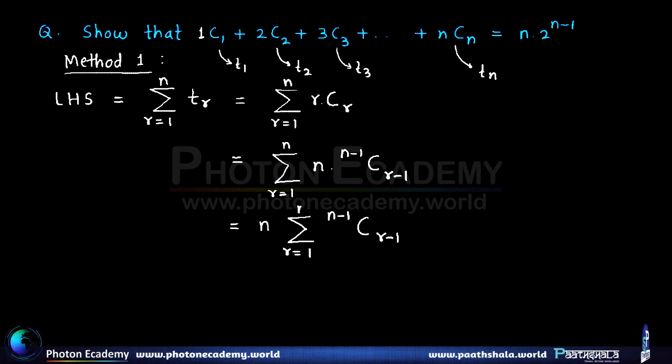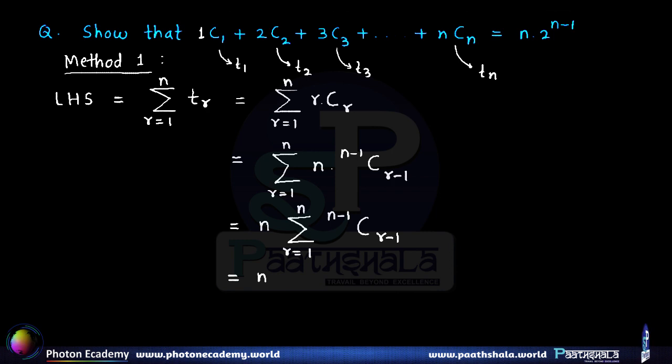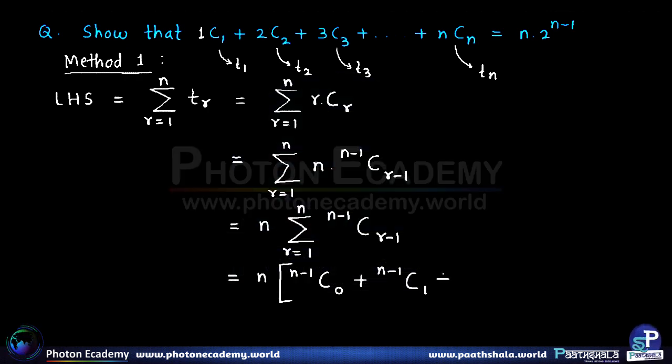Now here what we do is we actually write down all the terms in the summation and see what happens. This is equal to n into, when R is 1, the first term will be n minus 1 C0. When R is 2, the second term will be n minus 1 C1 and so on up to the last term, which will be n minus 1 C n minus 1, that is when R reaches the last value of n.